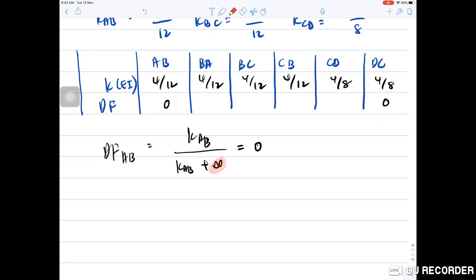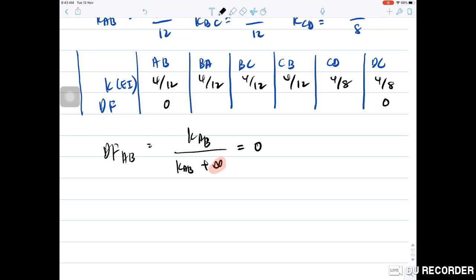Because a fixed end is not the end of the structure. The fixed end is connecting to other members, and we do not know the value, so it is infinity. The end of a structure is either pin or roller or cantilever. If it is a fixed end, it means it is connecting to other members. So we get 0 for member AB, and likewise for DC.